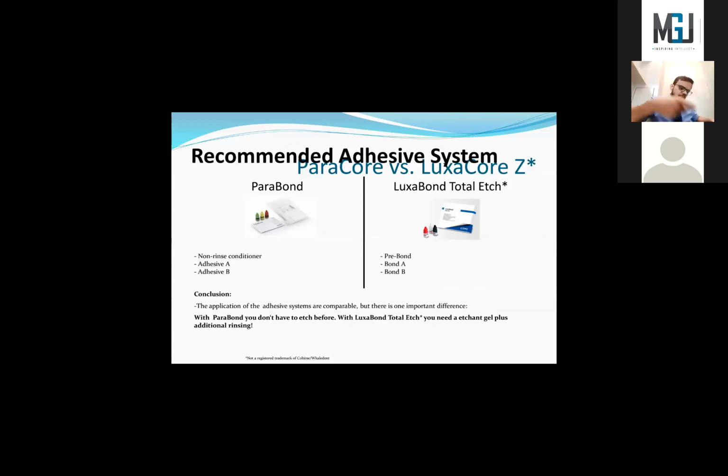Place the Paracore in the canal, place the post, cure it together. It's a one unit monoblock phenomenon. This does not come with Luxacore, because in Luxacore you have to etch it and wash it. So please remember, the more steps you have which employ washing and drying, the greater the chance of contamination and of dislodgement.